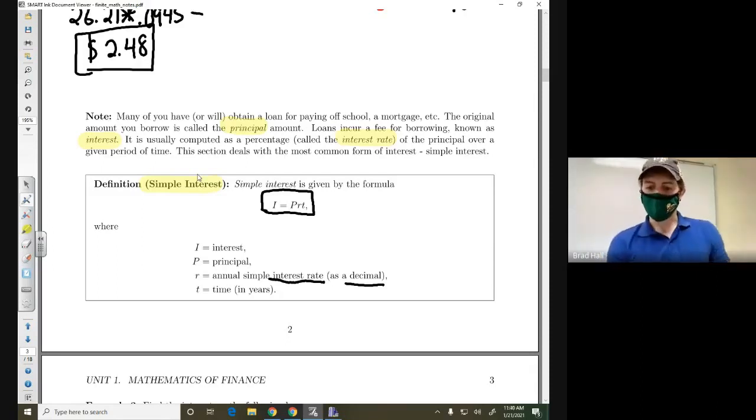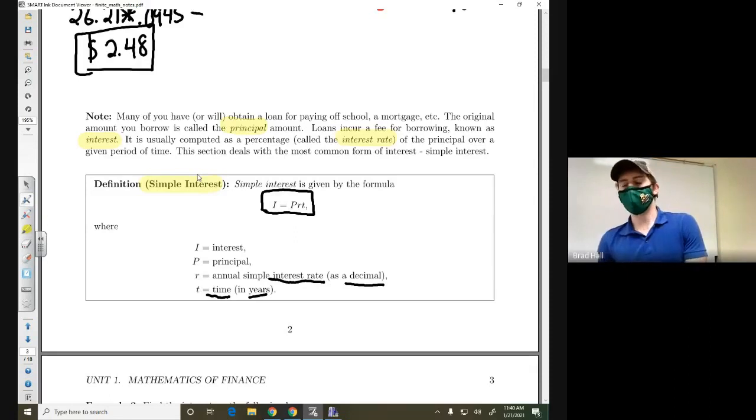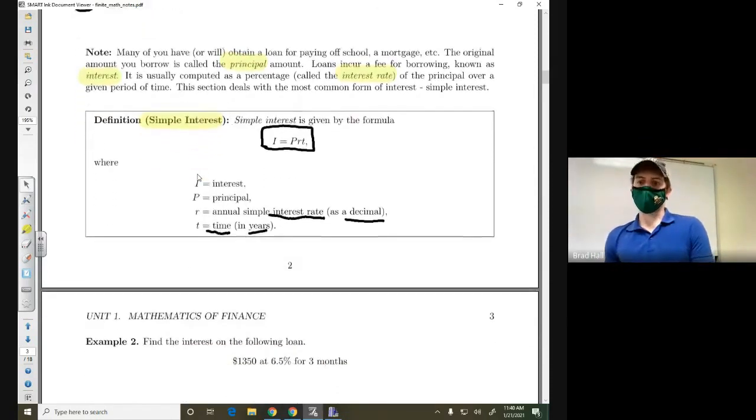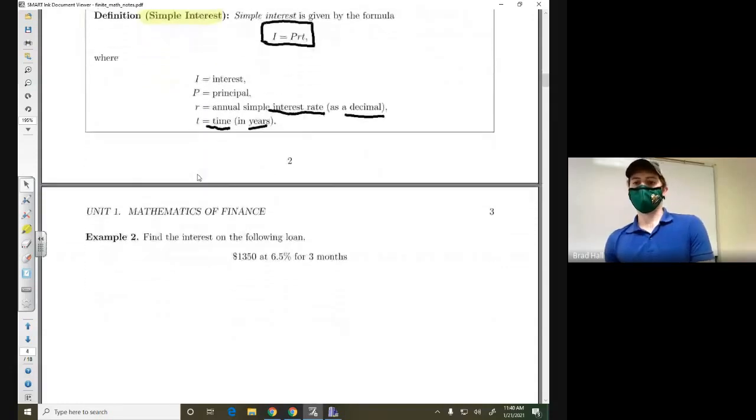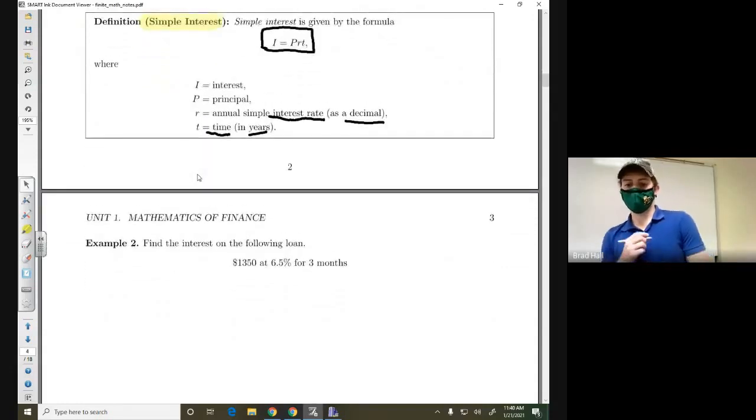And the amount of time, we're going to convert time to years. And so we'll see what this means. There's a few problems that will give us months, and we'll have to figure out how to write that in terms of years. If you have an idea, then maybe think about that, and we'll see if your idea reflects properly. So we'll leave that up top, and we'll move on to example 2, which is a very simple problem.